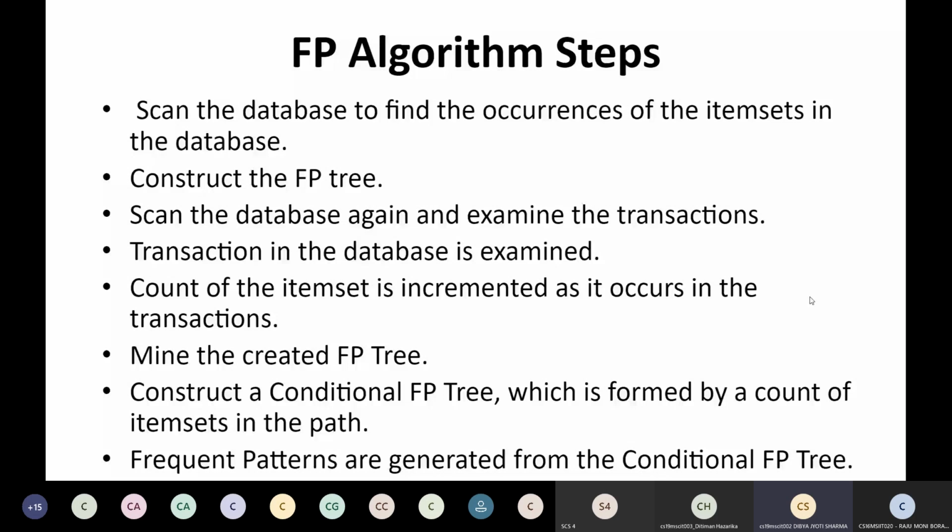It is a tree-like structure that is made with the initial item set of the database. Here, each node of the FP-tree represents an item. Next, go to the next slide. FP algorithm steps.